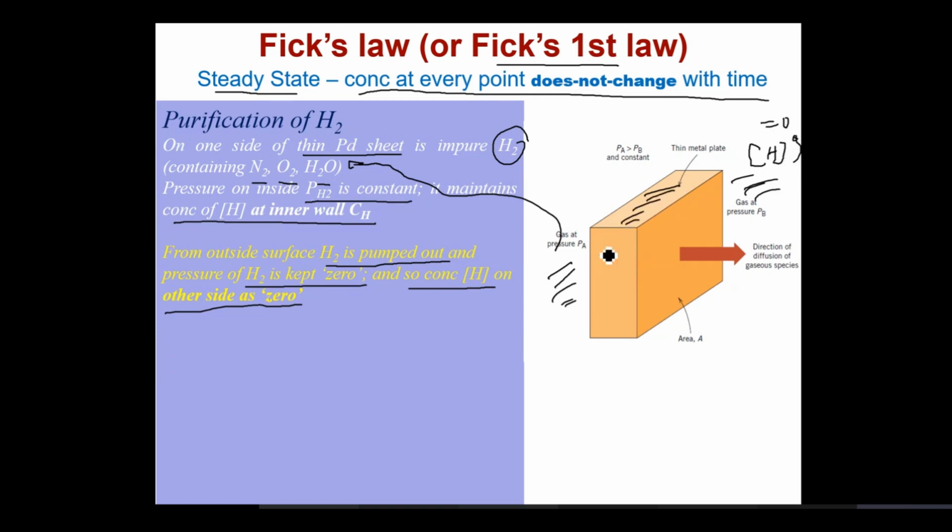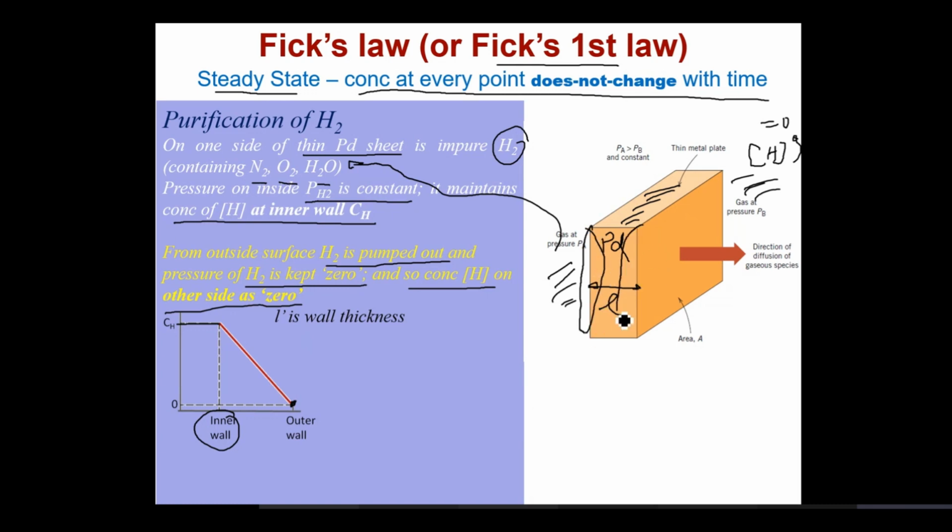This is the platinum sheet having a certain thickness, let's say L. So you have maintained a concentration gradient: CH at the inner wall, at this surface, and at the outer surface, you have maintained a concentration of 0.